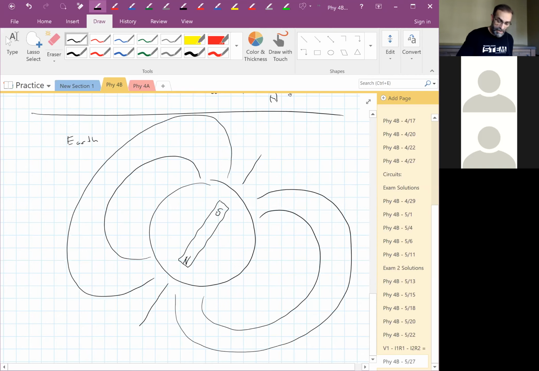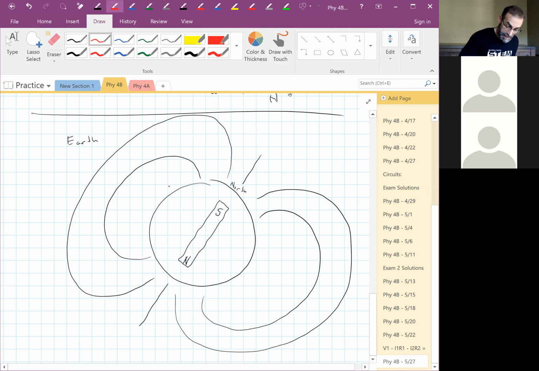And the reason we call this the North Pole, man, cannot get used to this stylus. The reason we call this the North Pole is because the north end of your compass needle points that way.